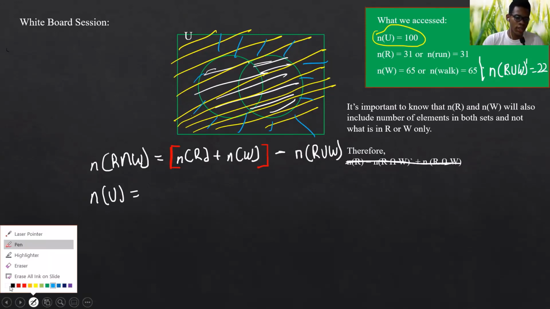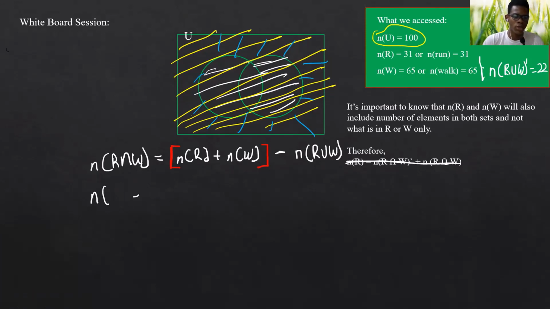So what I'm saying is that the union will always be equal to, because in this case we don't have the union, sometimes you may have it, sometimes you may not, the number of elements in the universal set subtracted by the number of elements in the complement of the union.